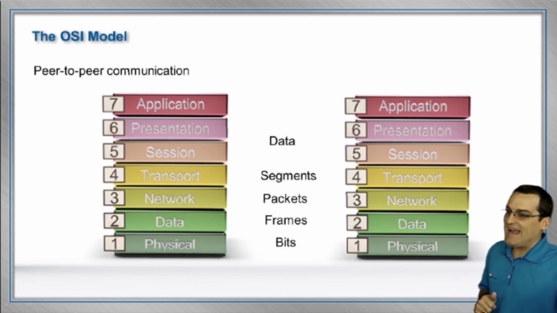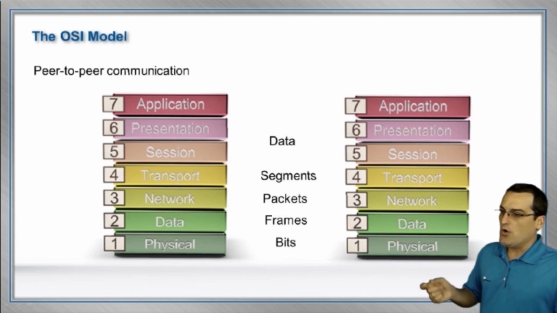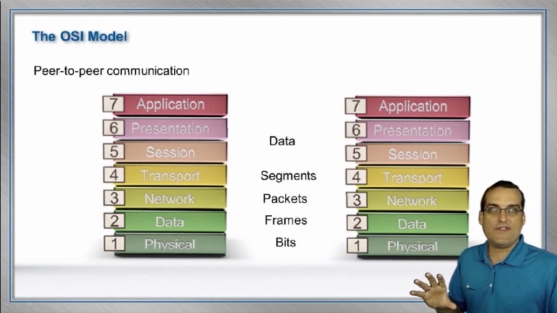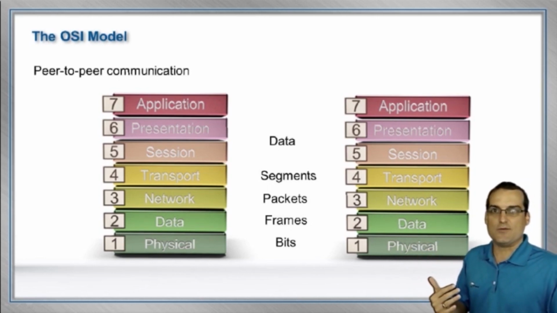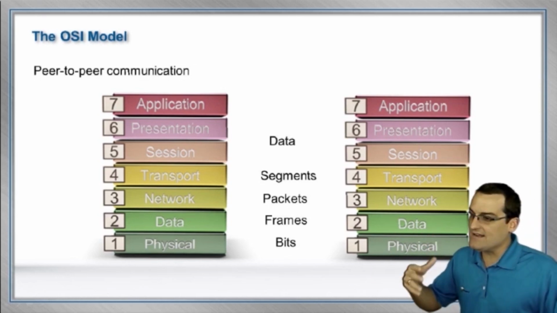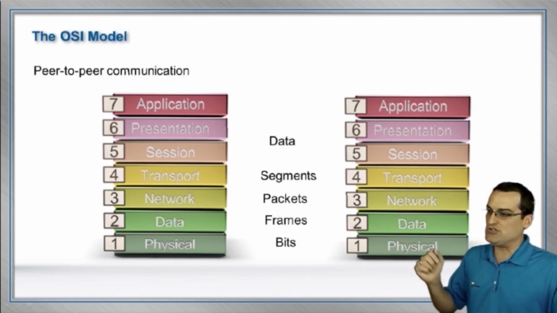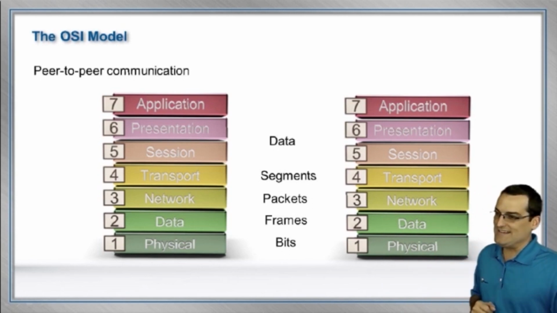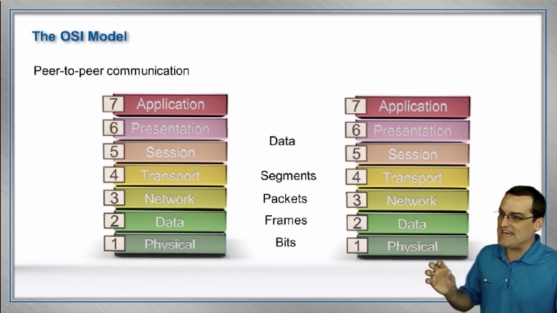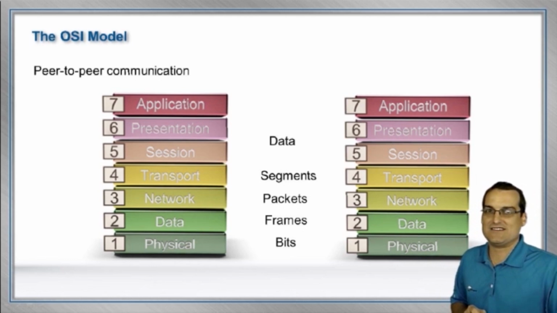For instance, at the physical layer, we refer to them as simply bits, while at the data link layer, we call the data and the encapsulated information frames, and then at the network layer, we refer to them as packets. And then finally, at the transport layer, we have the data and the encapsulated information, and we call it segments.